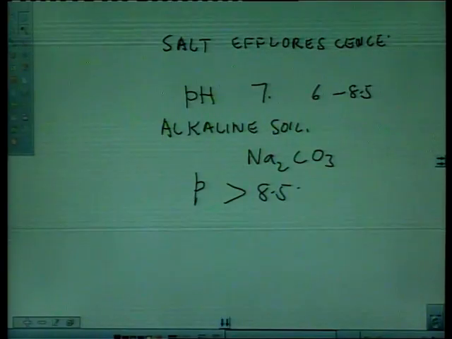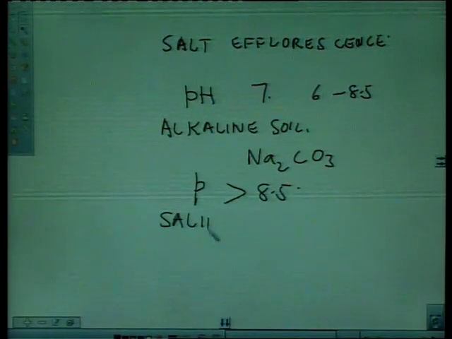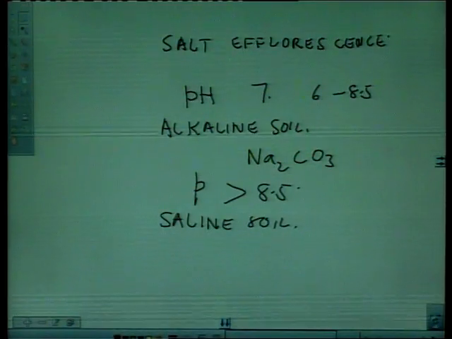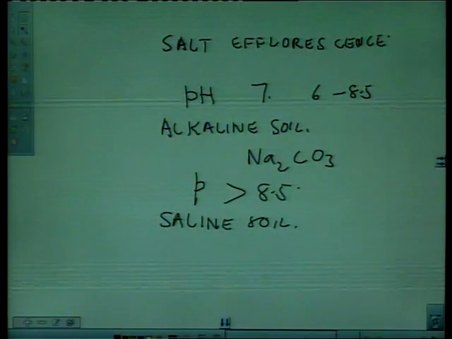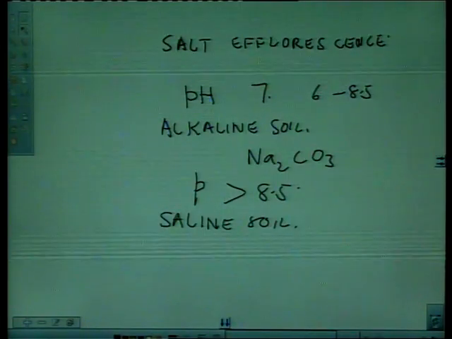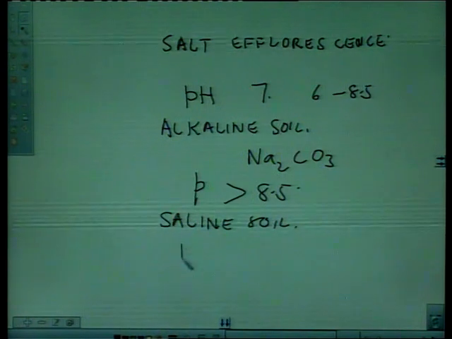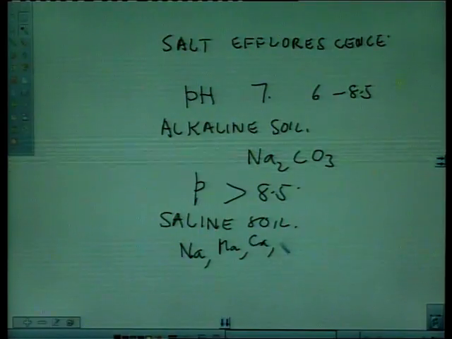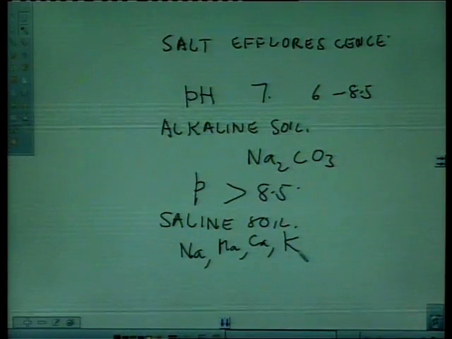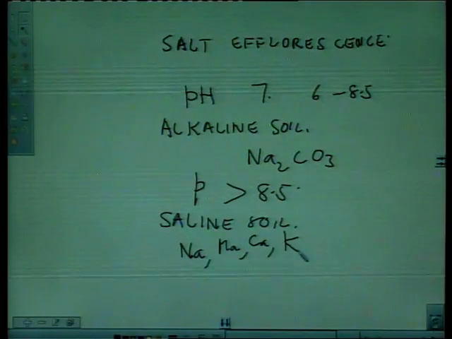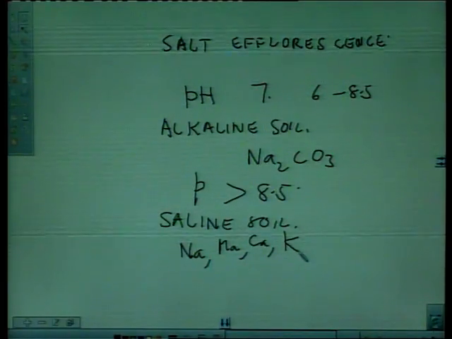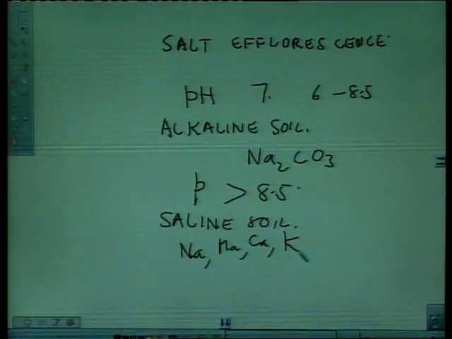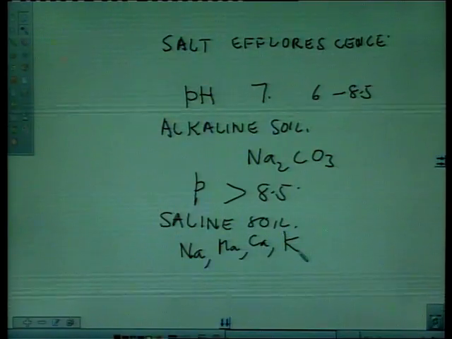A saline soil is one in which we have an excessive amount of soluble salts: sodium, magnesium, calcium, potassium. The salts are usually chlorides and sulfates. The percentage is more than 20% and carbonate less than 15%.